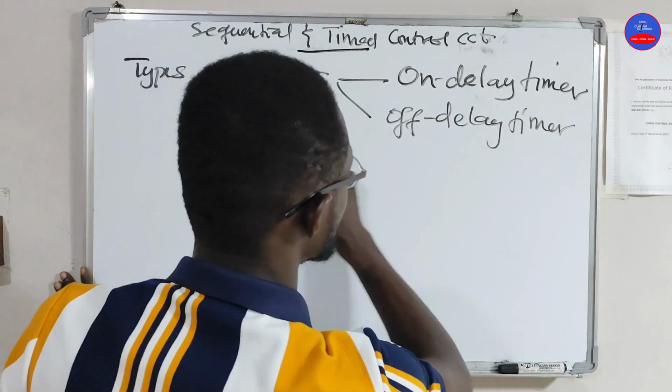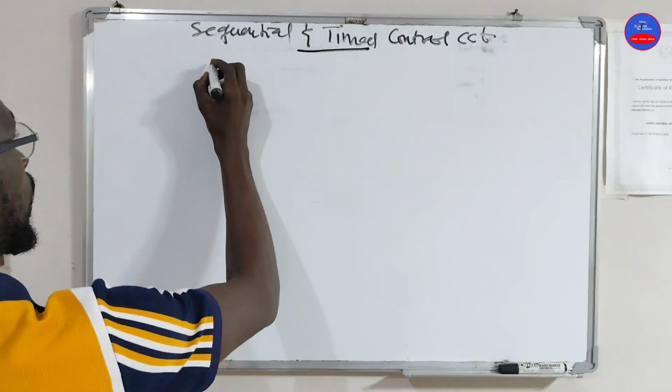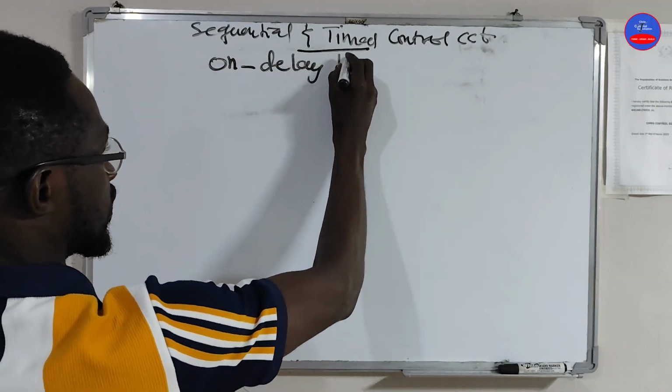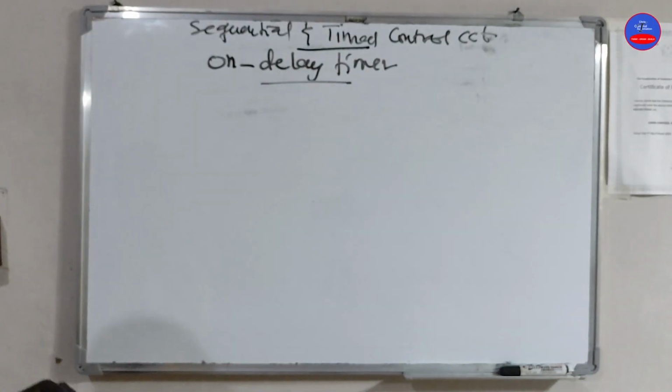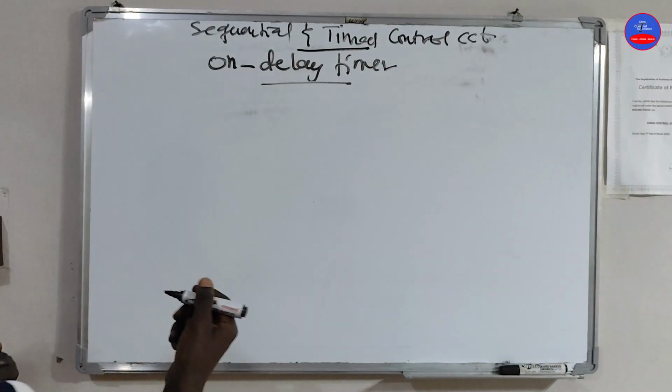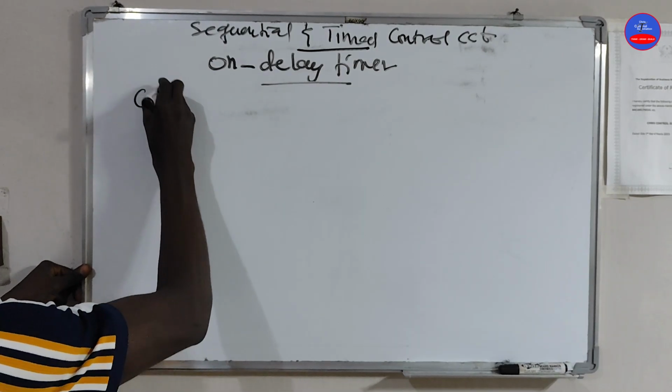So let's go. Let's look at the on-delay timer. Let's look at the symbol. We have the coil.